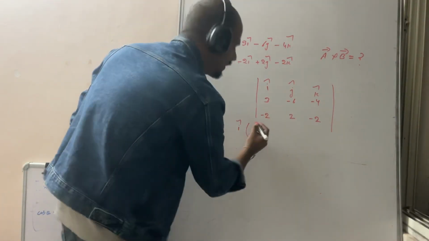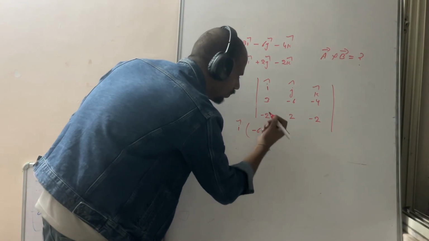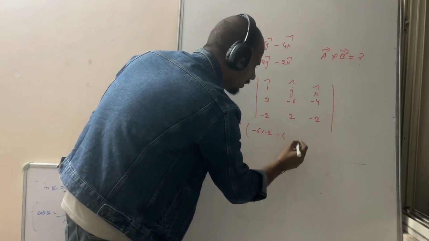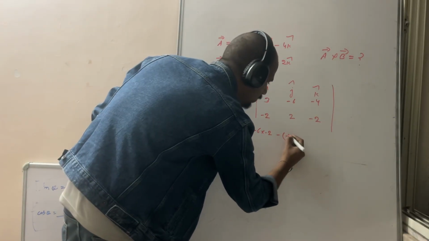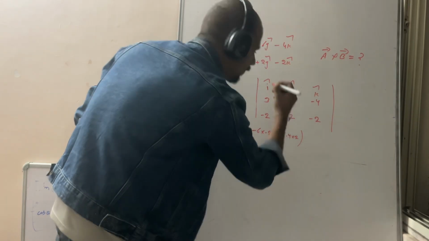So it's minus 6 times minus 2, minus 4 times 2.